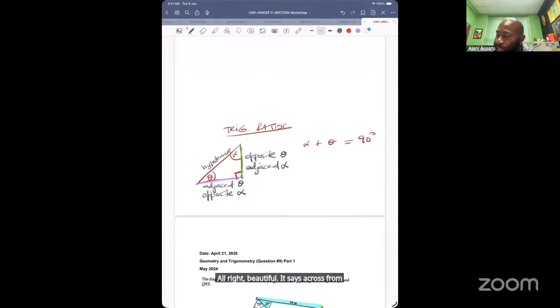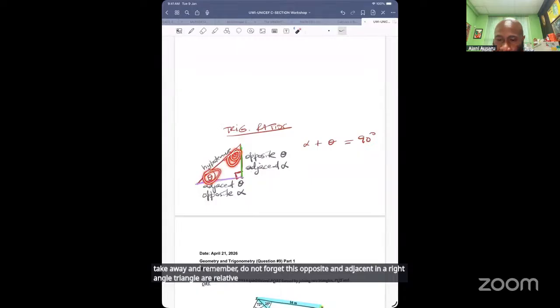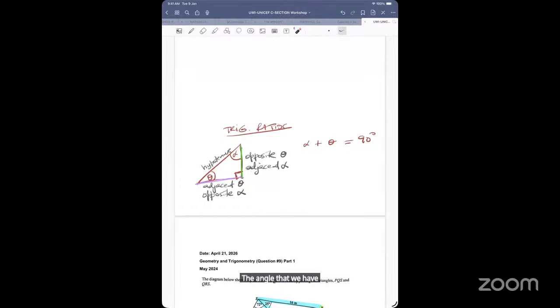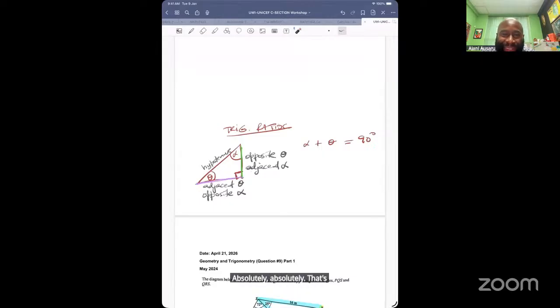So this is what I want you to take away and remember: opposite and adjacent in a right angle triangle are relative to the angle that we are referencing. Based on how the question is structured, you just know which side to use. That's my point.